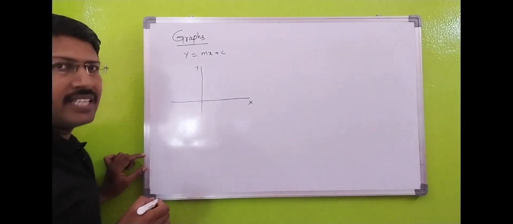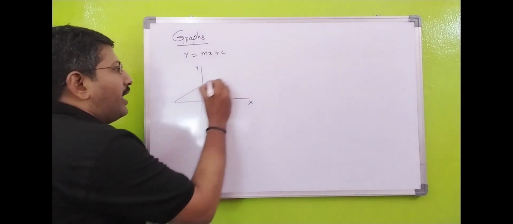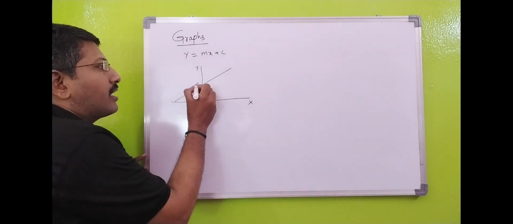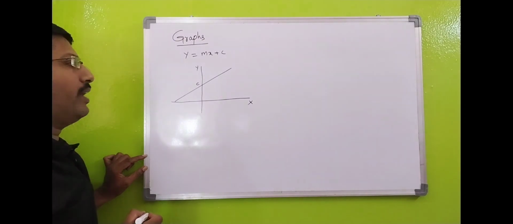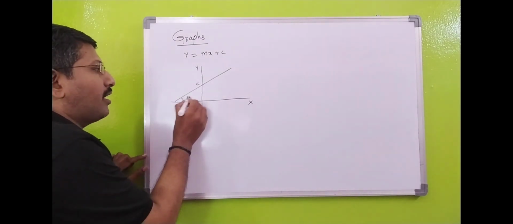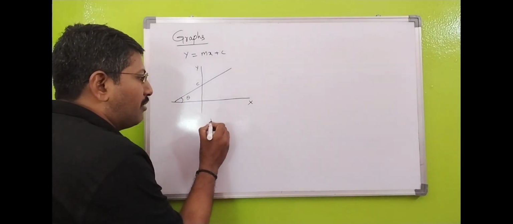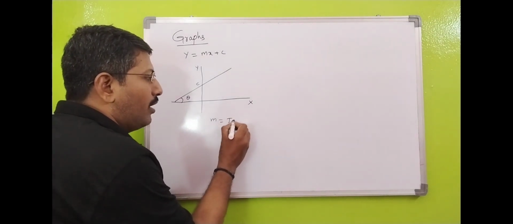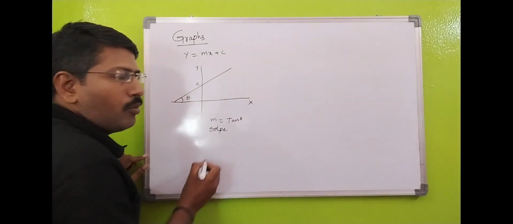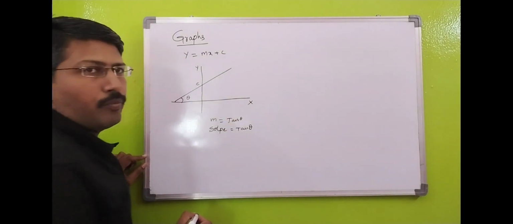The slope makes an angle with the x-axis, so you will get a graph like this. This point we call the intercept on the y-axis. Next, the slope angle theta: the angle of the tangent represents the slope, m equal to tan theta. If anybody asks for the slope, simply calculate the tangent of the angle, that is nothing but the slope.